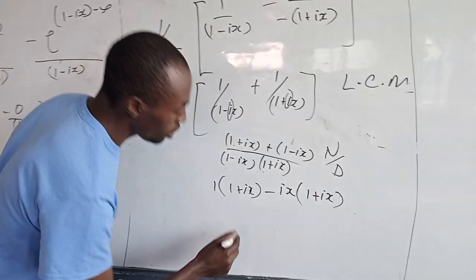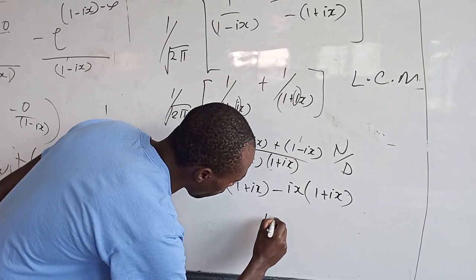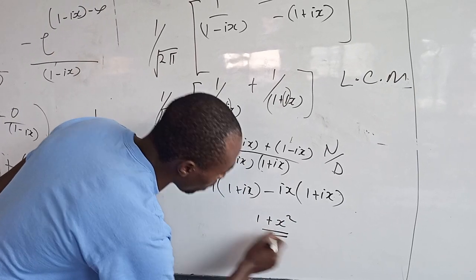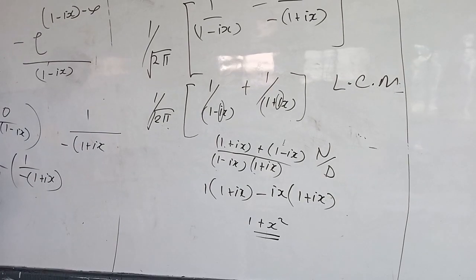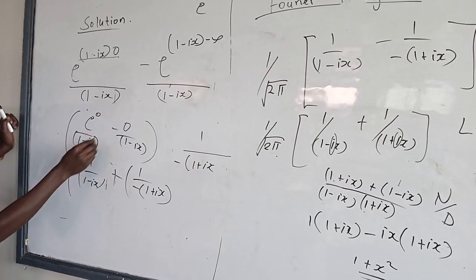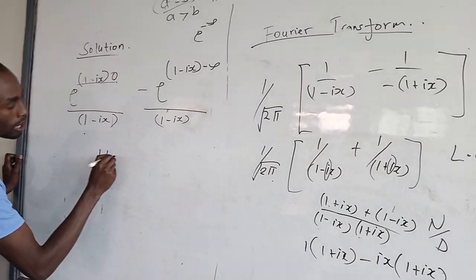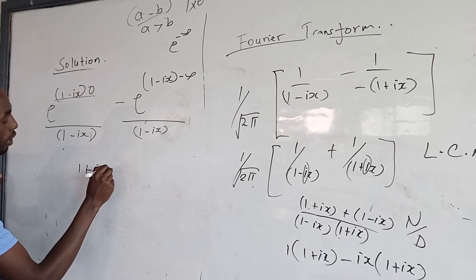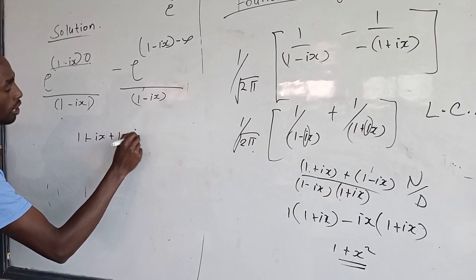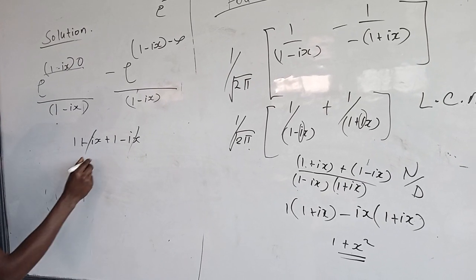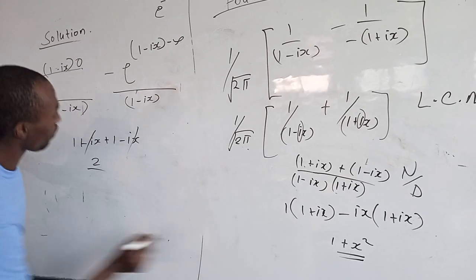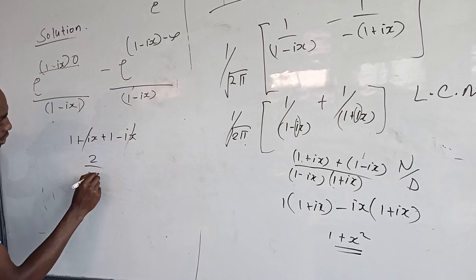The second solution is 1 plus x squared after opening the bracket. Then in the numerator you have 1 plus ix plus 1 minus ix. This and this cancel. 1 plus 1 is 2. So 2 all over 1 plus x squared.